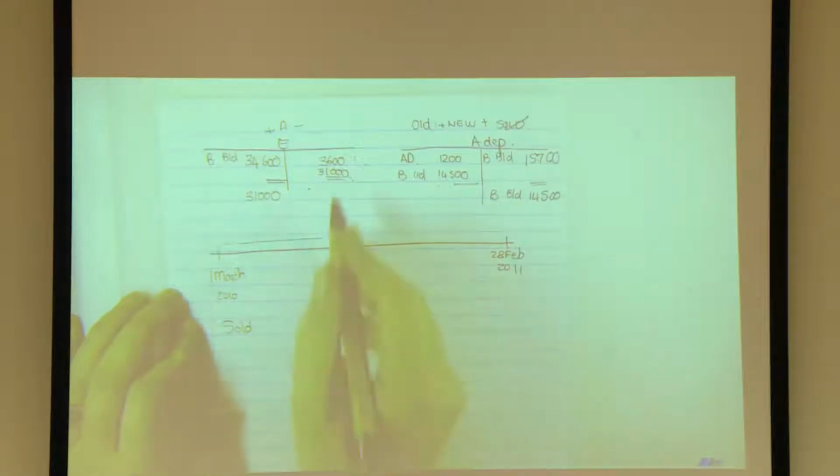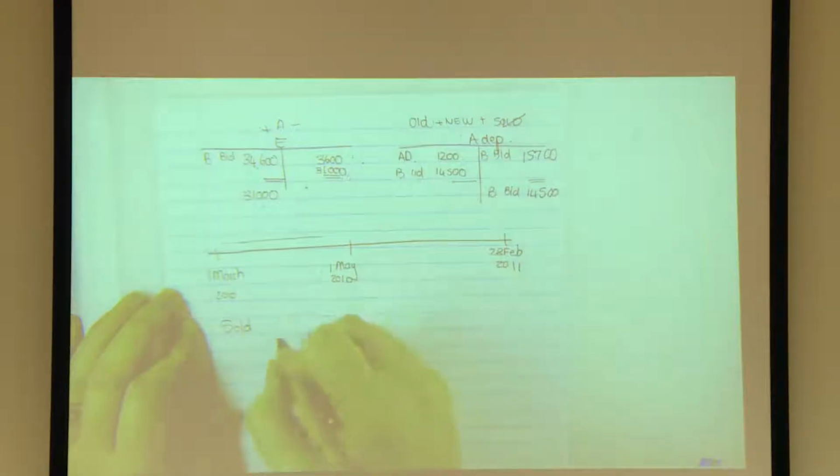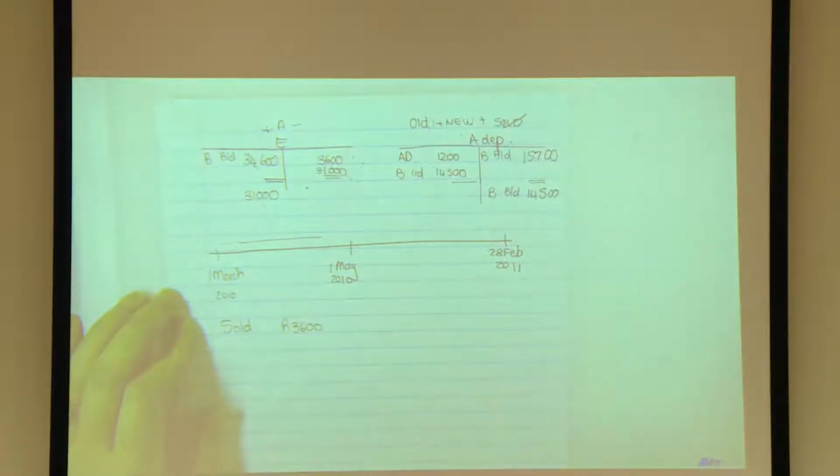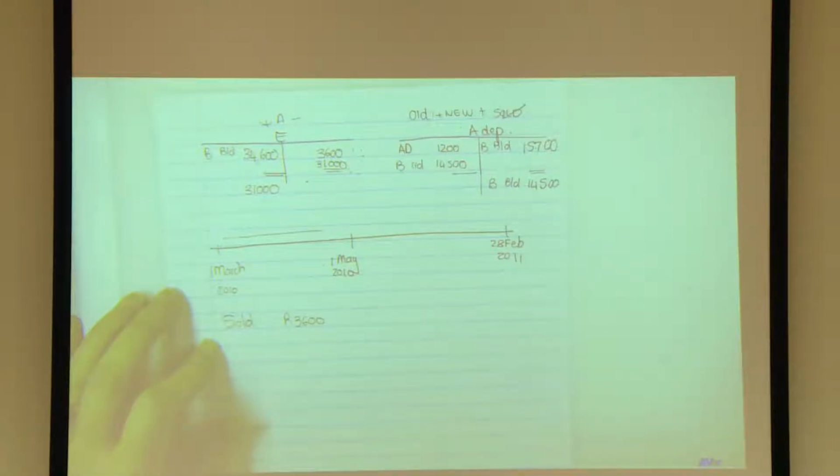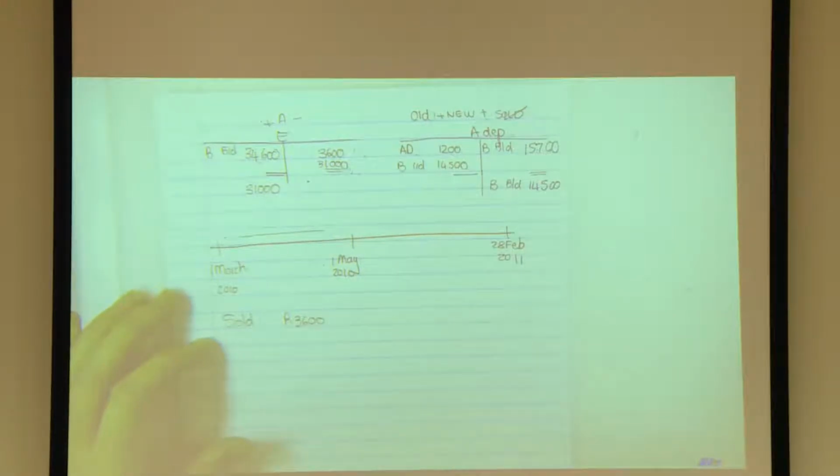Book value, what was the cost? 3,600. Right. What was the accumulated depreciation? That was the total, wasn't it? What did they say? Let's read.